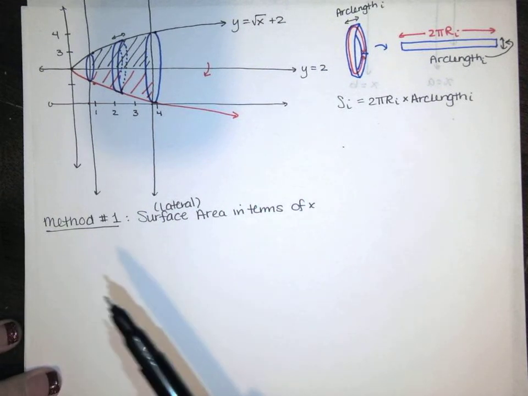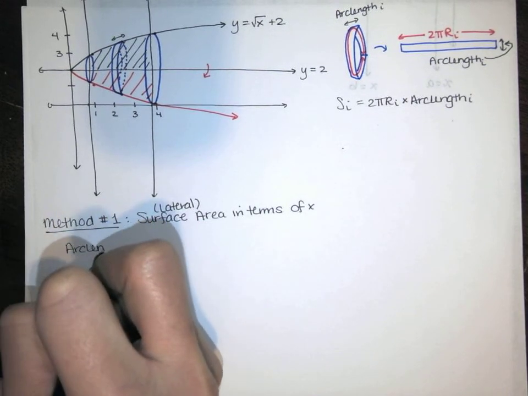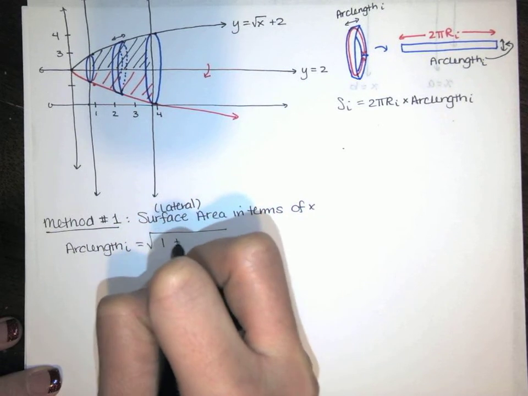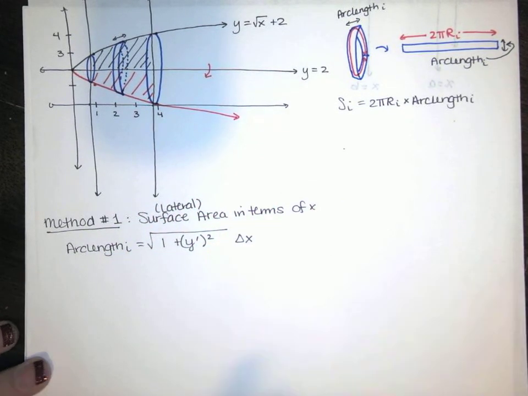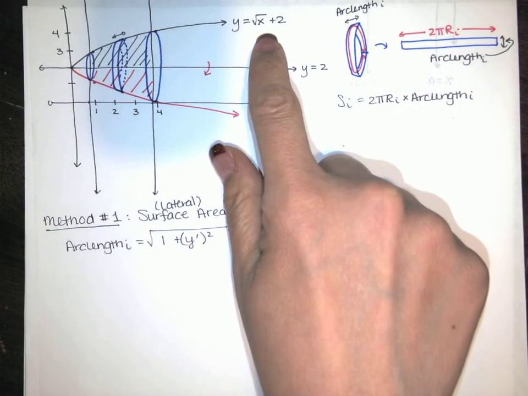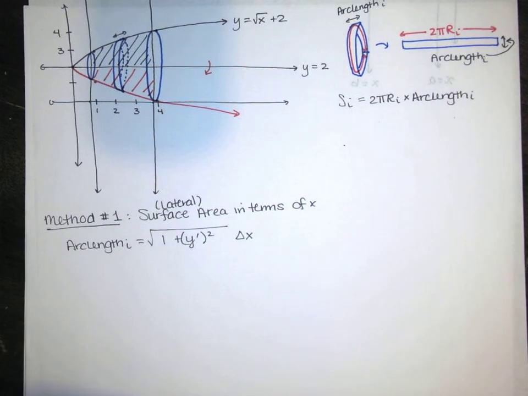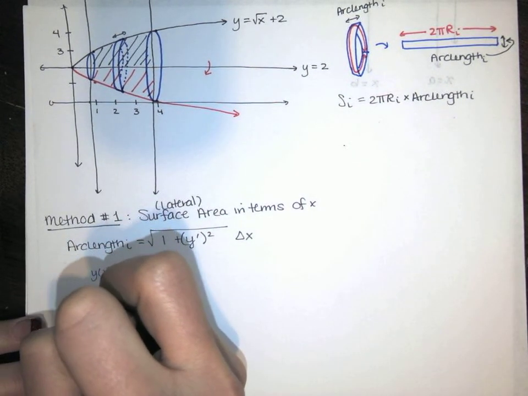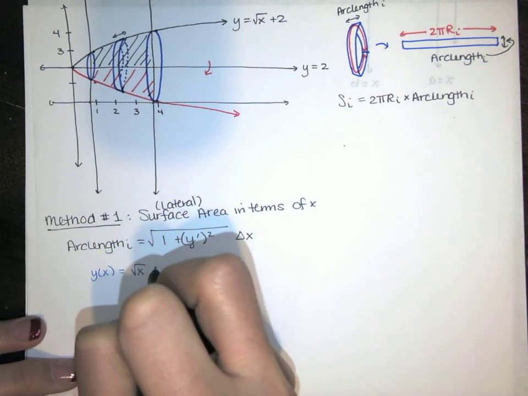In terms of x, my arc length is the square root of 1 plus y prime squared times delta x. Now the arc, or the curve, is given by this formula. So y is a function of x, and it's equal to the square root of x plus 2.